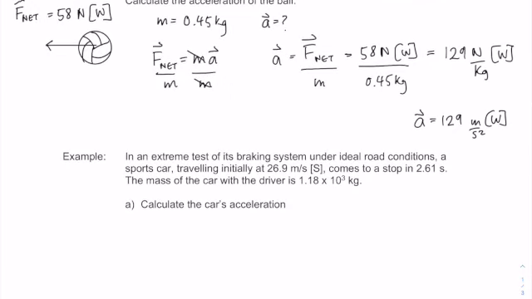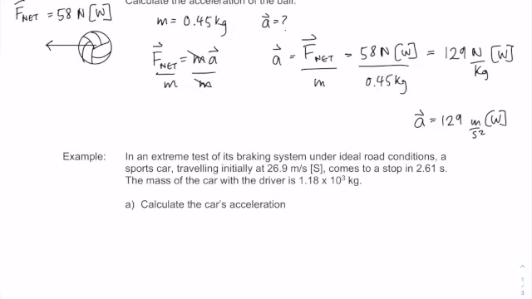In an extreme test of its braking system, under ideal road conditions, a sports car traveling initially at 26.9 meters per second south comes to a stop in 2.1 seconds. The mass of the car with the driver is 1.18 times 10 to the power of 3 kilograms.